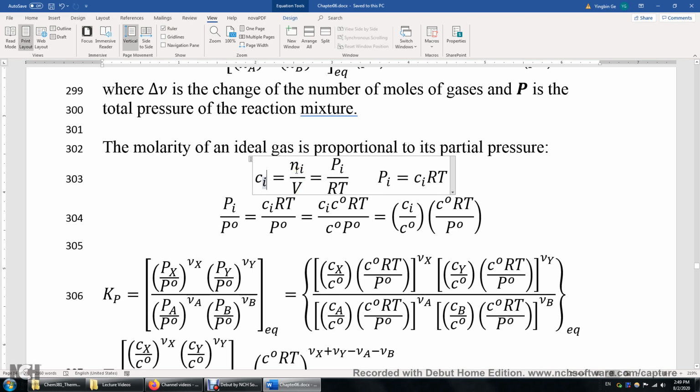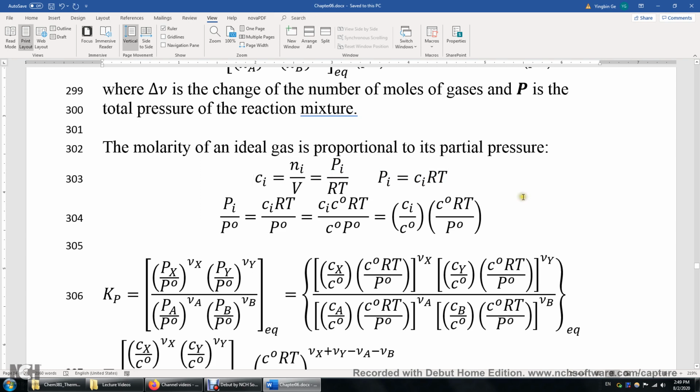And if we assume the gas is an ideal gas, N over V is simply P over RT. For species I, it's partial pressure of I over RT. Therefore, we have this relation, P sub I is equal to C sub I times RT. The partial pressure of species I is equal to the molarity of I times RT. They just differ by a constant RT.